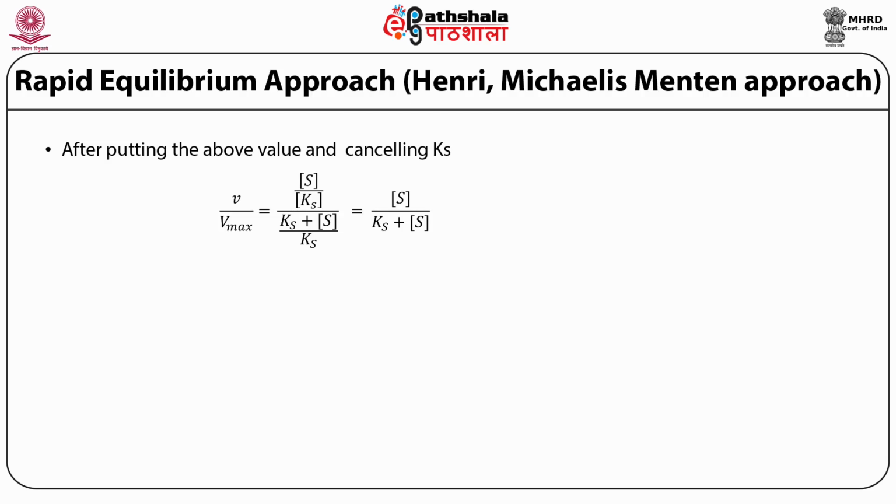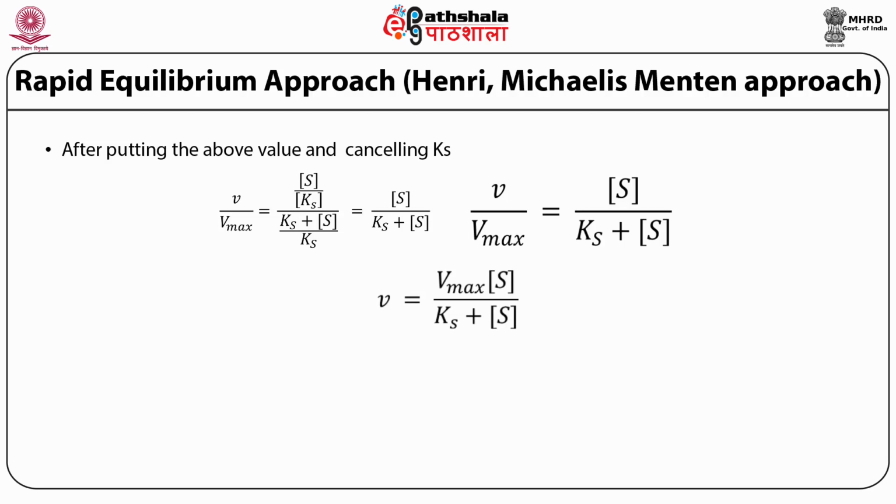If you cancel the Ks and Ks, Vmax and V0 stay the same, but on the right side it becomes substrate concentration divided by Ks plus substrate concentration. So rearranging everything, you will find that V0 is equal to Vmax into S divided by Ks plus substrate concentration.